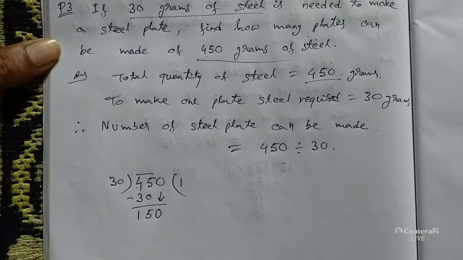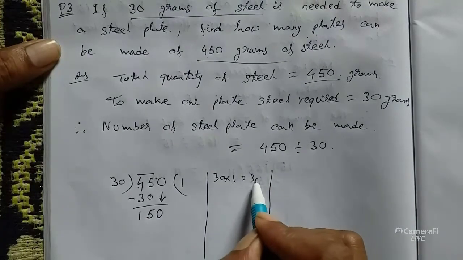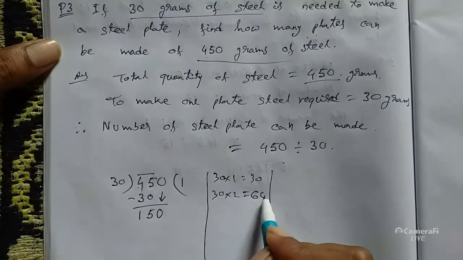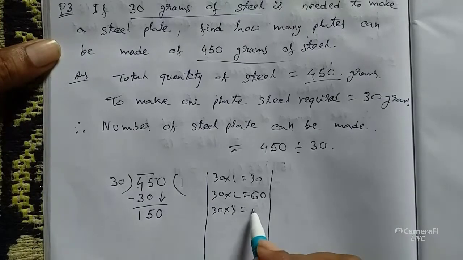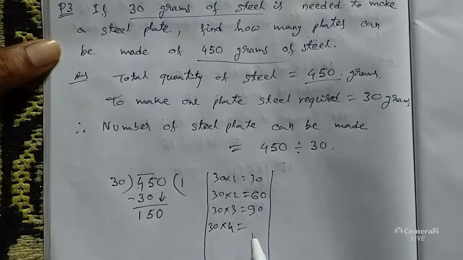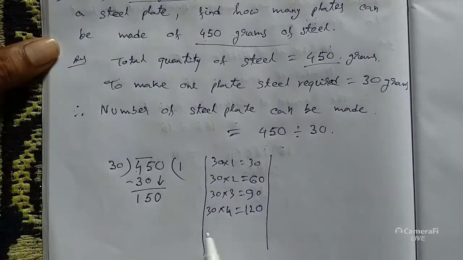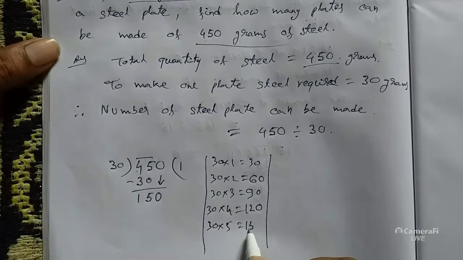Now in the table of 30, you can prepare the table at the side. 31 ja 30, 32 ja 60, 33 ja 90, 34 ja 120, 35 ja 150.